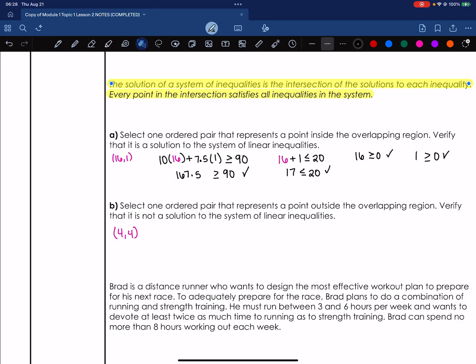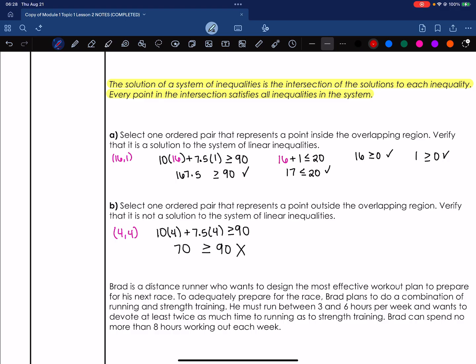So we have 10 times 4 plus 7.5 times 4 needs to be greater than or equal to 90. So we type that into the calculator and we get 70 is greater than or equal to 90. Notice that that is not a true statement. That is false.